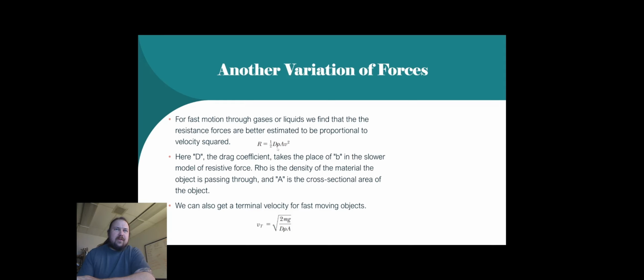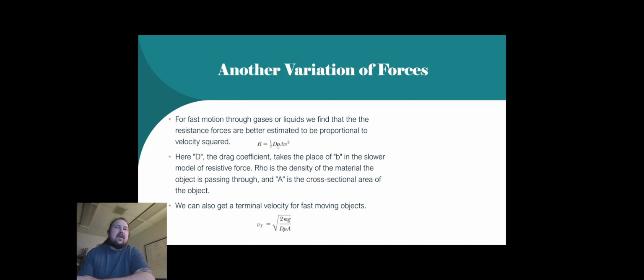This weird looking P thing next to it is actually a Greek letter rho. Rho stands for density in a lot of cases with a lot of different subjects as well. You usually see rho as density. This is the density of the material the object has to pass through, so it depends on if it's an atmosphere, or if it's water, or if it's a lunar lake of some extra planet that we're discovering or something.